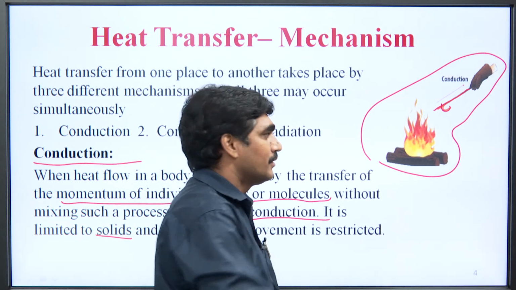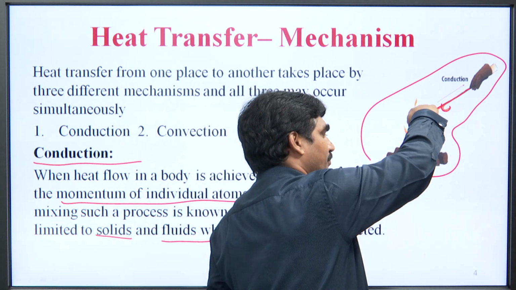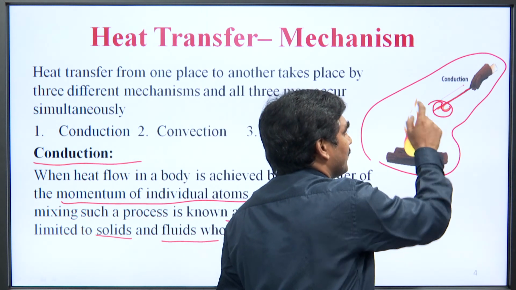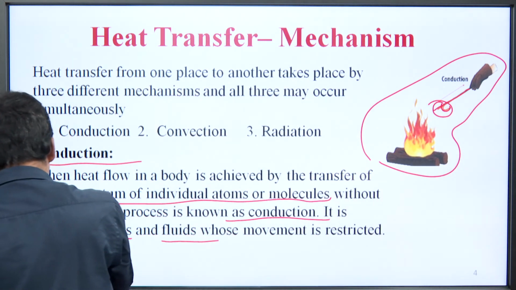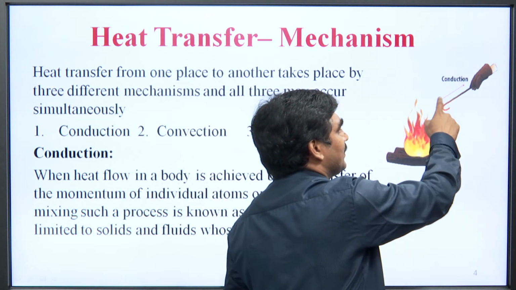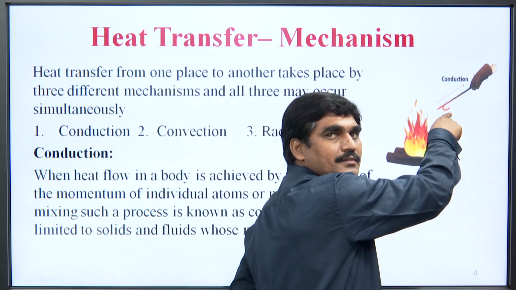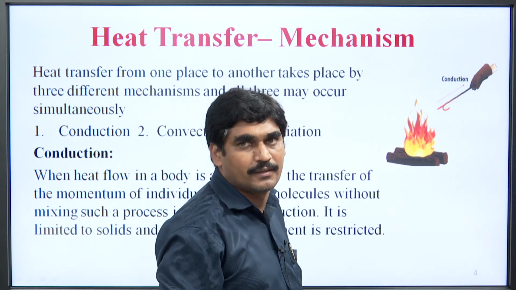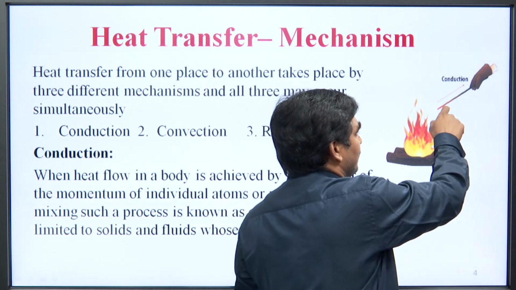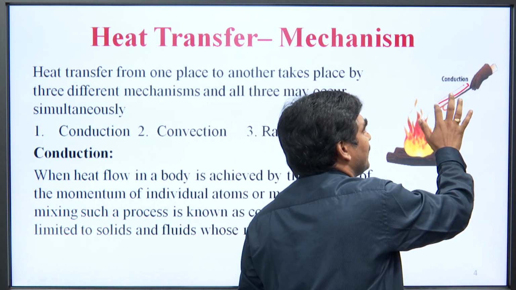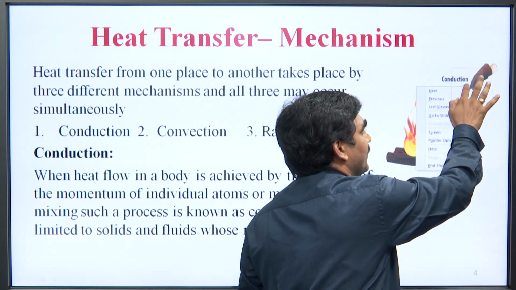As soon as the rod is placed near the flame, this portion gets heated. It is seen by the change in color, a reddish color. As this portion gets heated, it transfers heat from this point to this point.